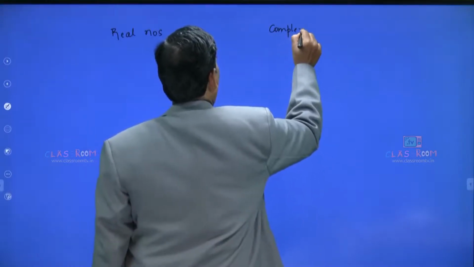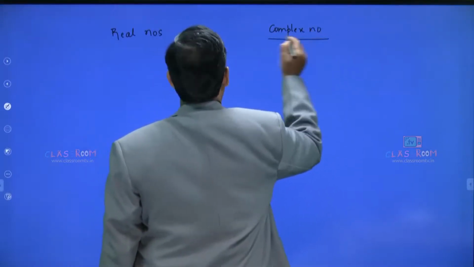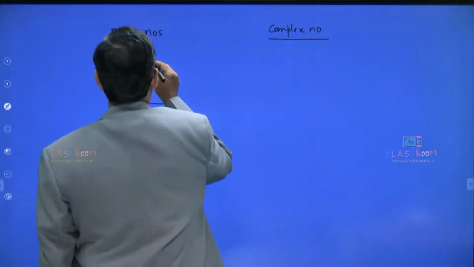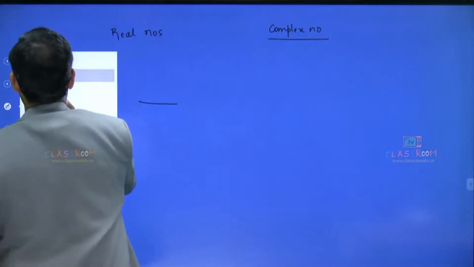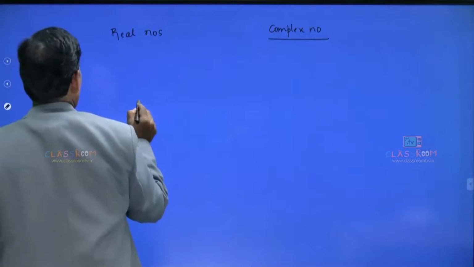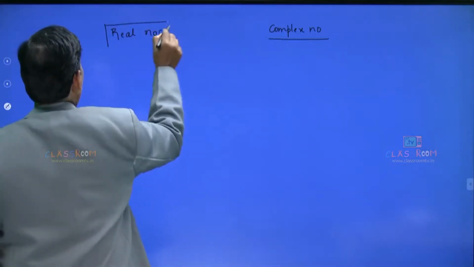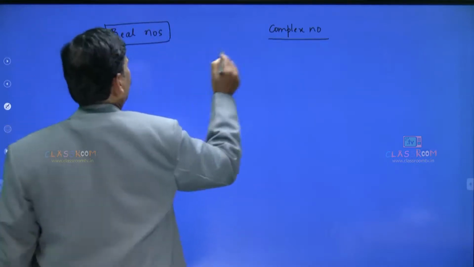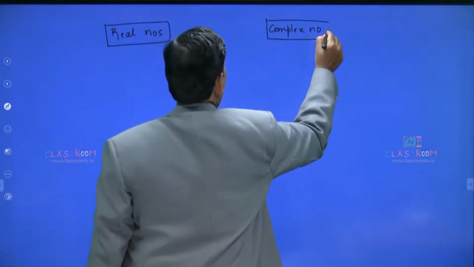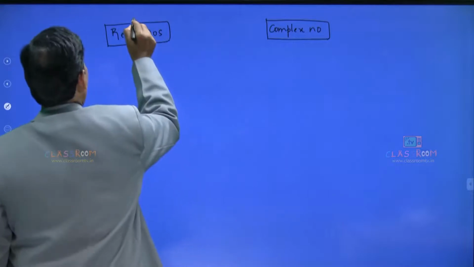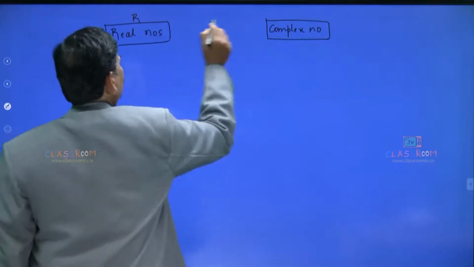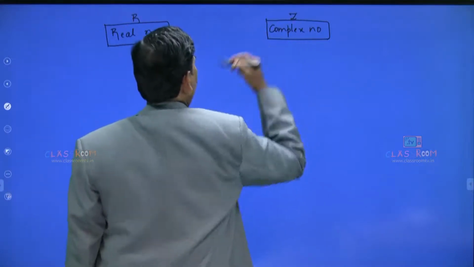What are these complex numbers? You will understand in your higher levels. So real numbers is one set of numbers and another set is complex numbers. Real numbers are denoted by R and complex numbers are denoted by Z.